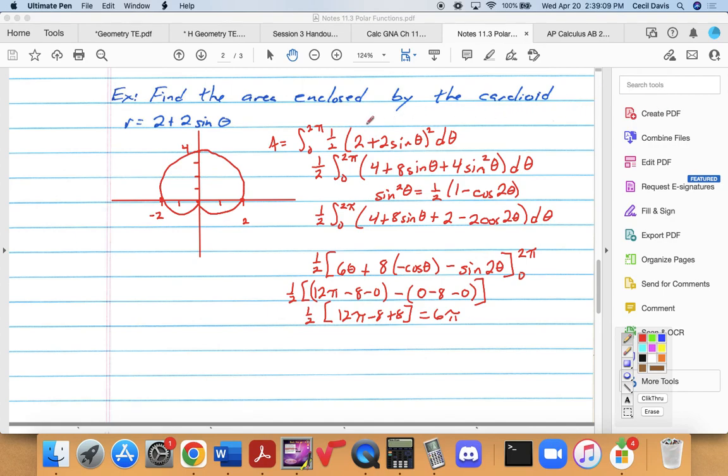So grab your calculator and see if you can make this, everybody. That wasn't just directed at one particular person.